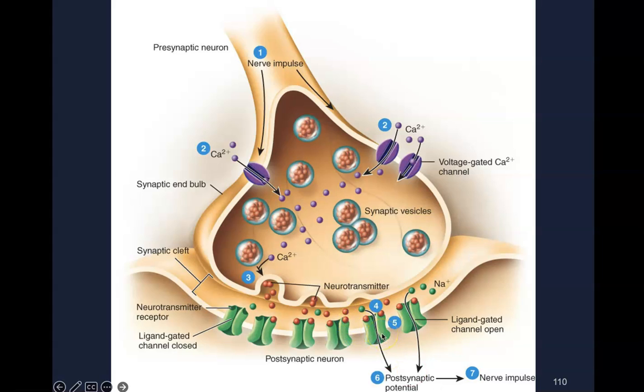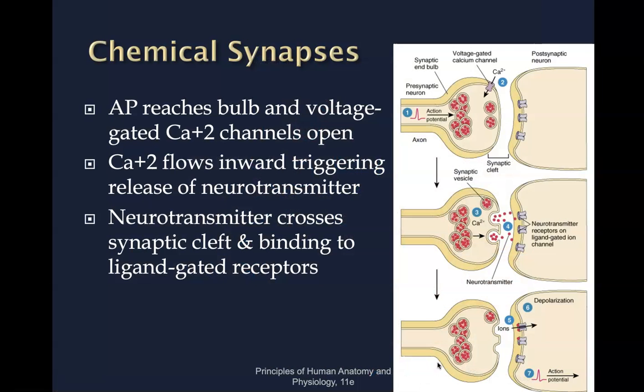And as that happens, now you're causing an excitatory, if it's sodium, right? It would be an excitatory graded potential here in your postsynaptic neuron. So again, these are going to be our chemical synapses, okay?